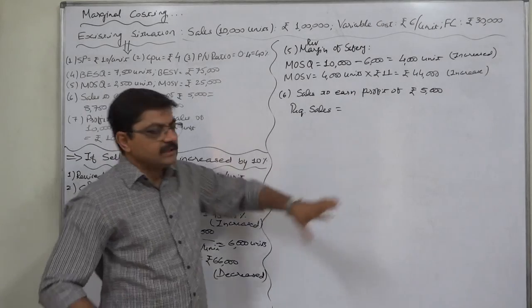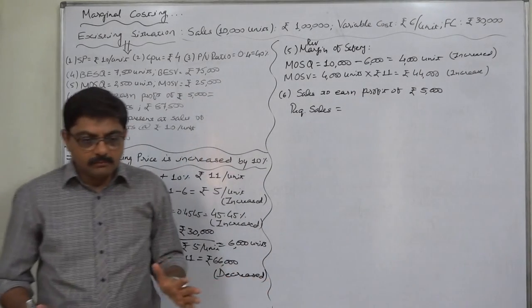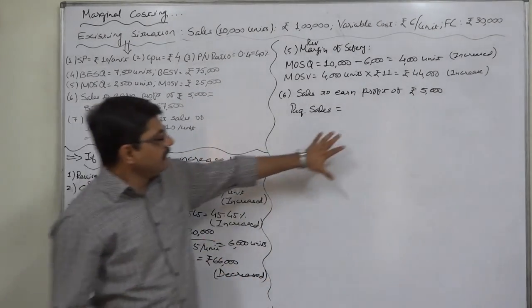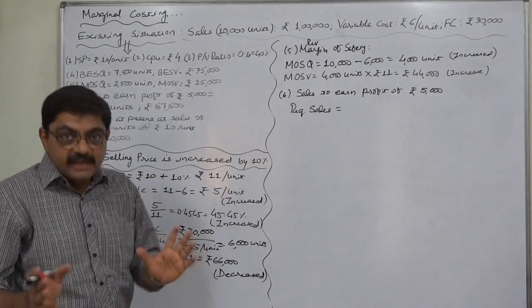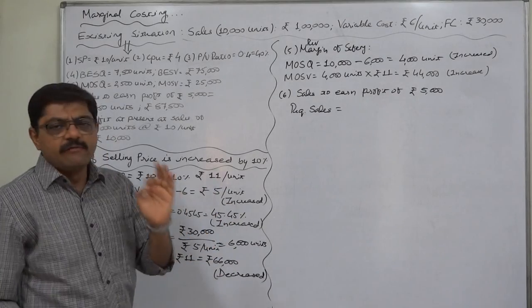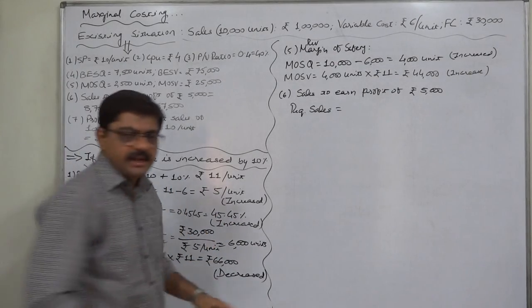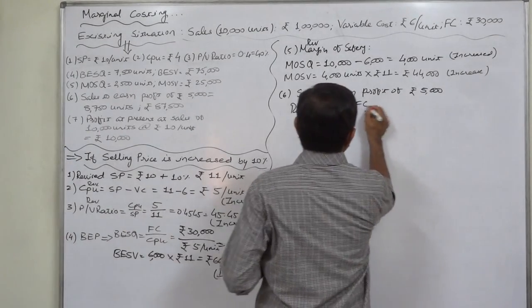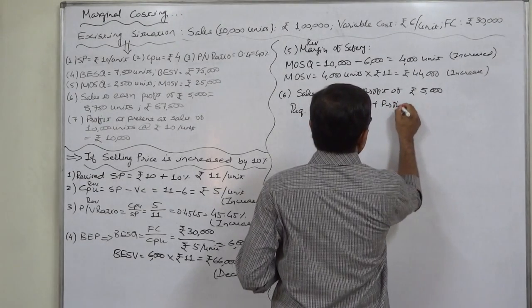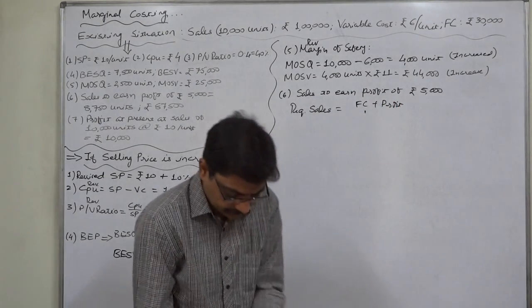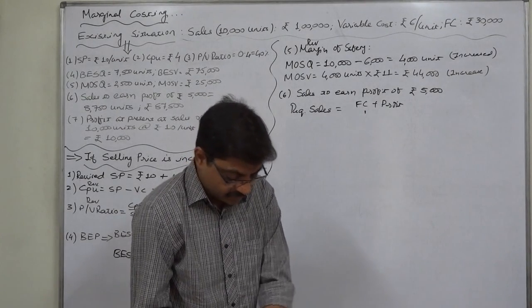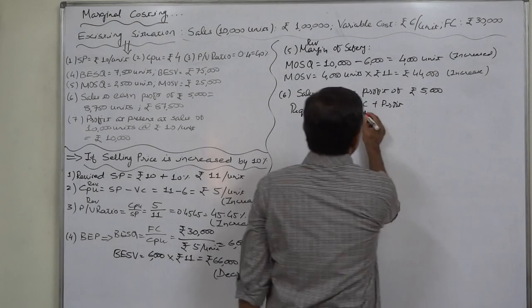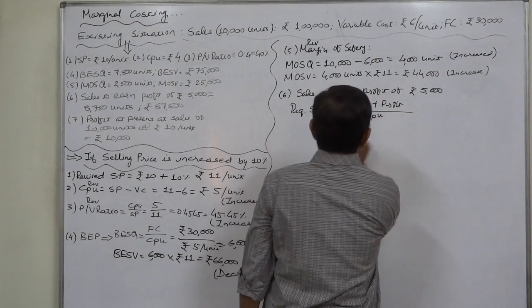This is like, say, a Midas touch. Anything in marginal costing can be solved. I dare to say these words, because this is a very useful formula, but a very easy formula. Fixed cost plus profit, divided by contribution per unit.